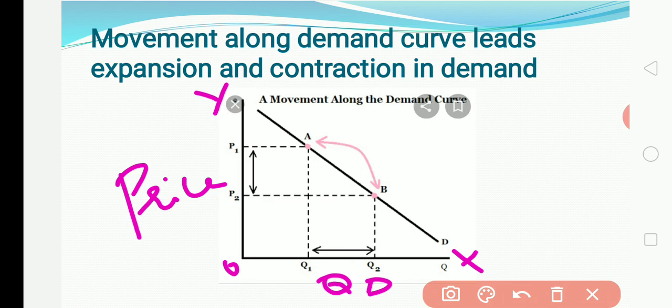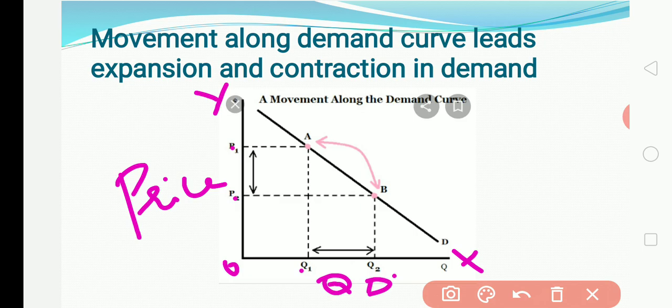This diagram depicts the demand curve. The demand curve slopes downward from left to right. D is the demand curve. And to see how the movement takes place, you can see here on the OY axis P1 and P2, and on the OX axis Q1 and Q2.